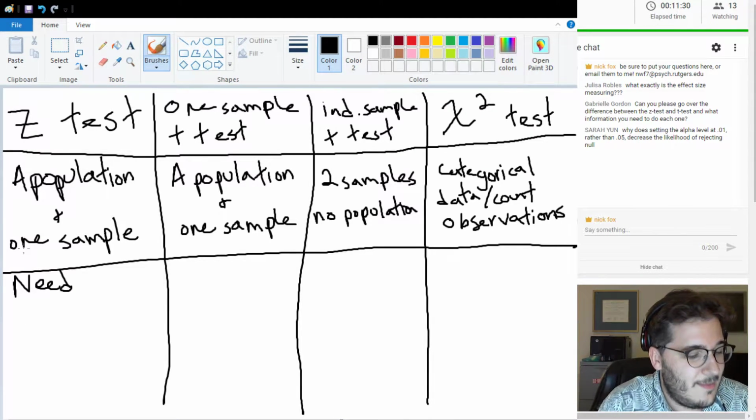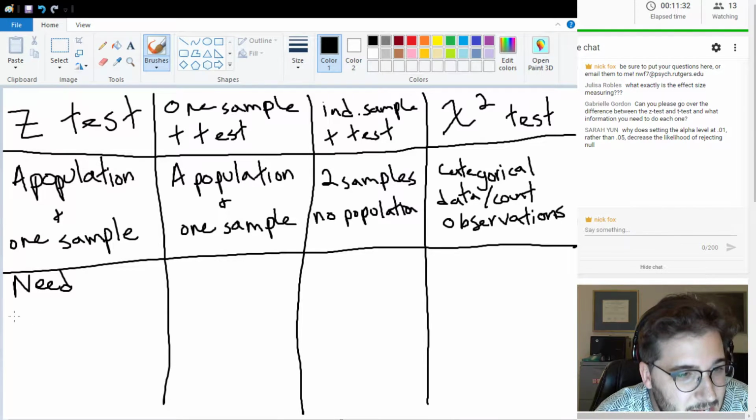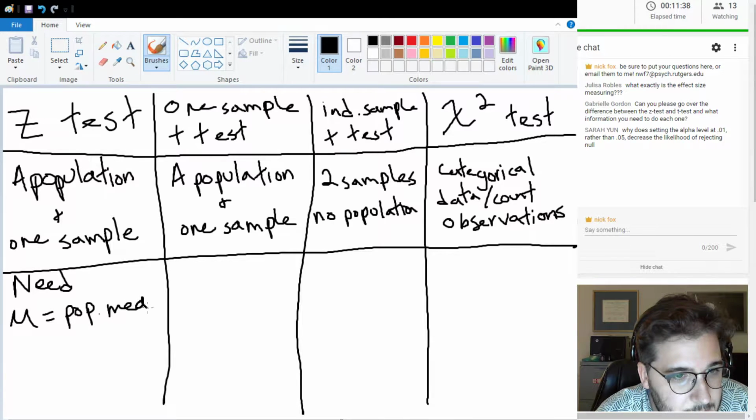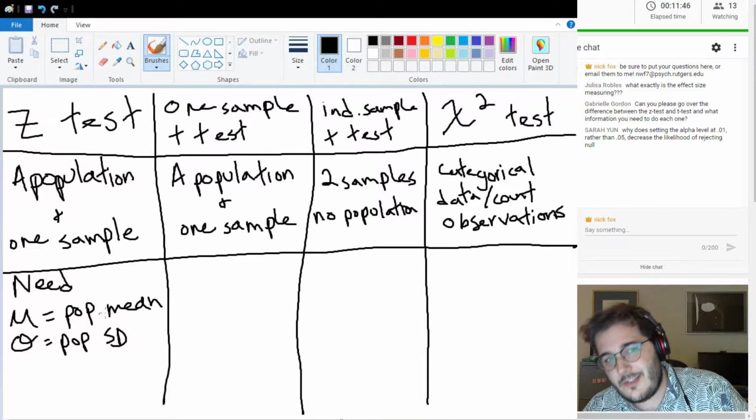Getting to the end of the tablet, this is tough. You need mu, which is the population mean, and you need sigma, which is the population standard deviation. You need these things to do a z-test.